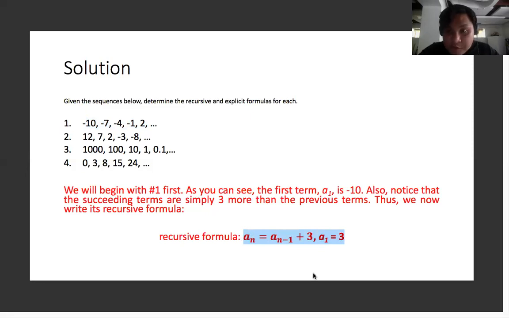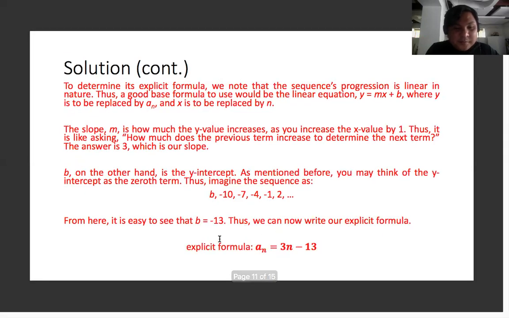When I upload this, the text would, of course, be correct. Oh, I'm sorry, a sub 1 should be -10. What am I talking about? However, I did get the explicit formula correctly. Good job, Mr. Tricino.